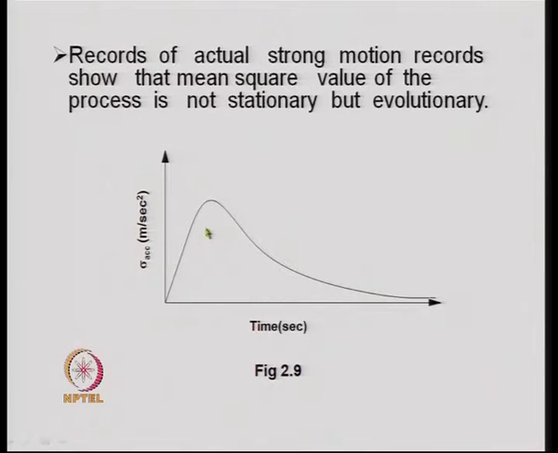One such modulating function is shown in this figure. Later on, at the end of this lecture series on inputs, we will see several empirical equations representing different types of modulating function that are used in modeling the earthquake as an evolutionary stationary process.